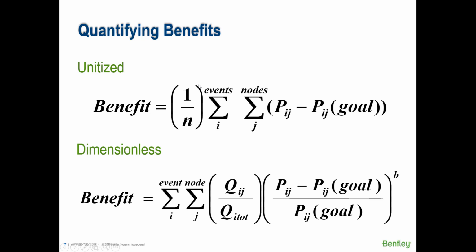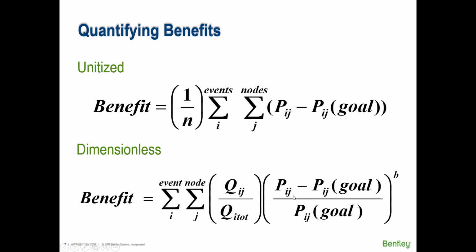When we choose unitized, the benefit is given as the average pressure above those 20 psi, right? So it's simply the P goal is 20 psi, and this is the pressure above that at every one of the nodes. When we do dimensionless, we're doing the same difference, but then we're dividing it by 20 psi so that we're making it dimensionless.